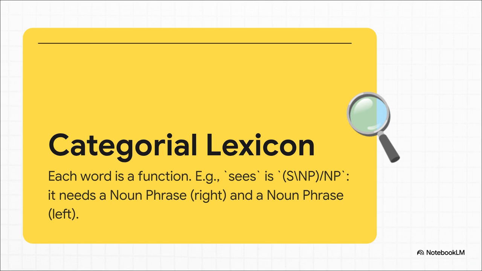Once it finds one, say a fish, it transforms into a new function, S\NP. Now, the backward slash says it's looking for another noun phrase, the subject, but this time on its left. When it gets that, say the word I, boom, it finally becomes a complete sentence, or S.